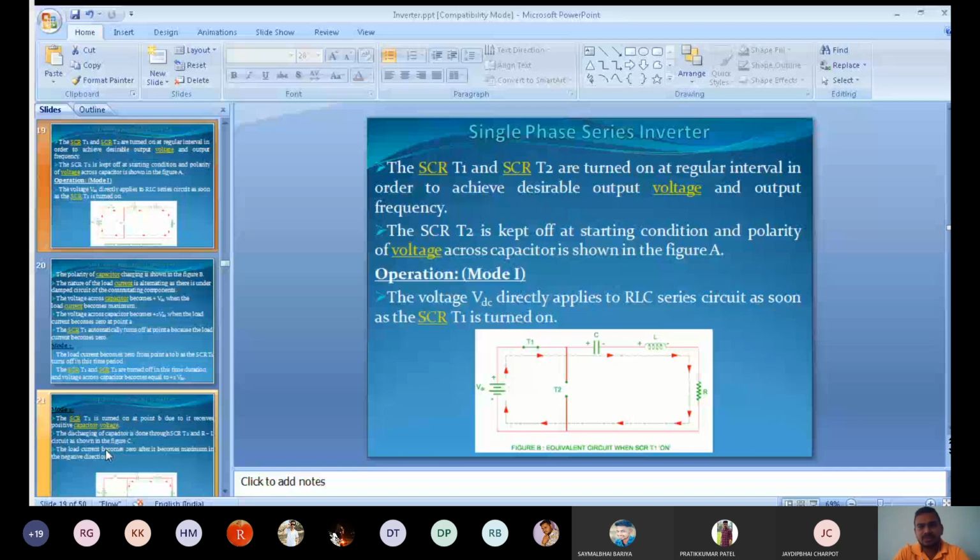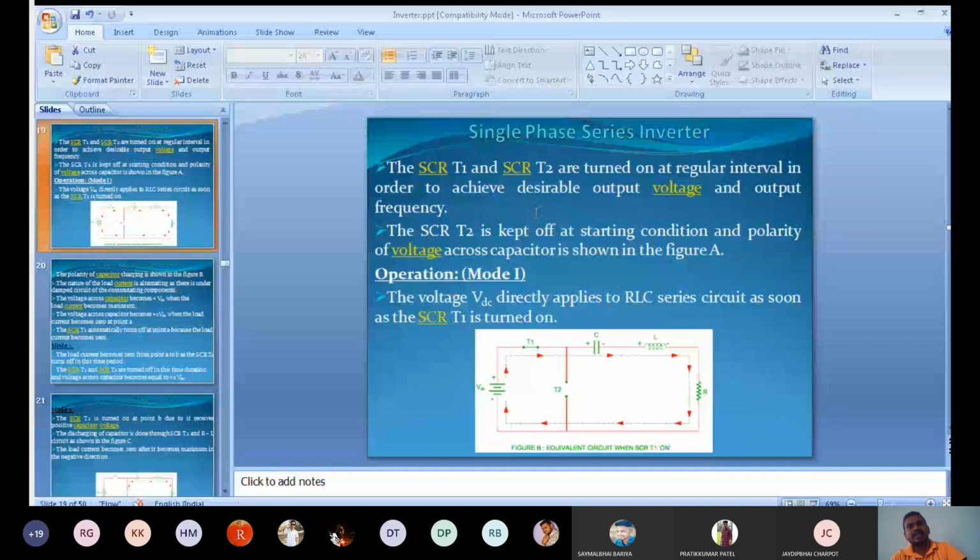So now we are discussing the operation of this series inverter. Here SCR T1 and SCR T2 are turned on at regular intervals in order to achieve the desirable output voltage and frequency. Whatever output voltage and frequency we require, according to that we have to make SCR T1 and SCR T2 turned on at regular intervals.